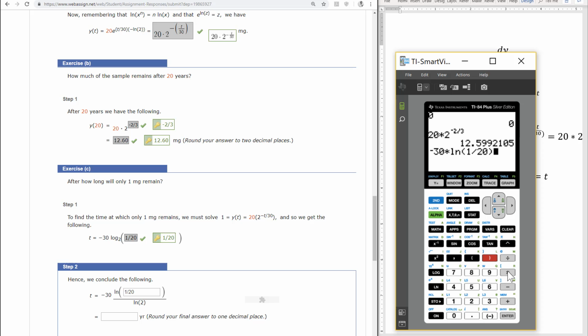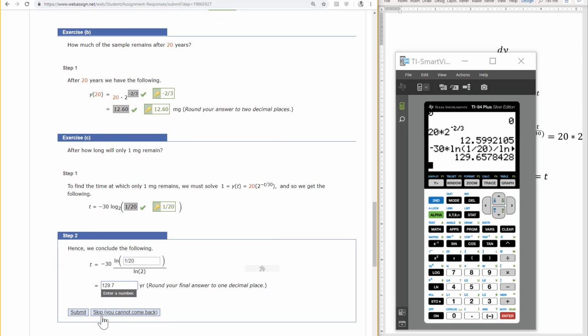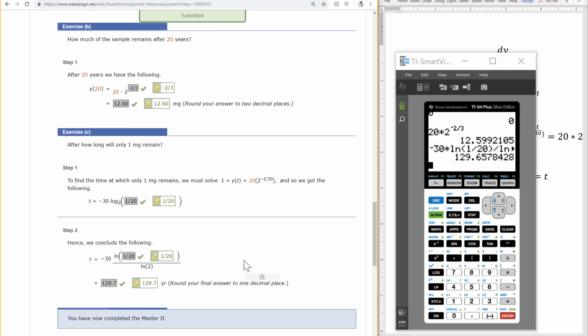And then we're going to divide this whole thing by ln of 2. And then that should be it. So it looks like it's going to take 129 years, 129.65. Let's just round that off to 129.7 if we want to round to 1 decimal place. And then that's it.